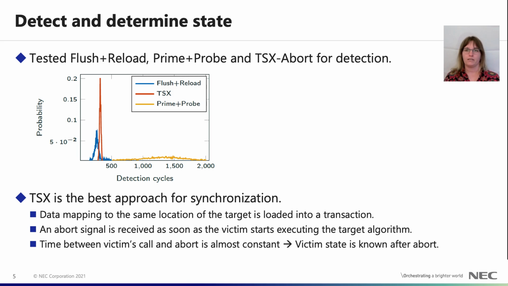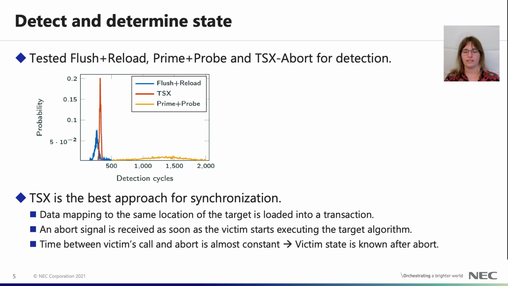To tackle the first two challenges, we tested a Flush and Reload, a Prime and Probe, and a TSX abort approach. TSX uses Intel transactional memory. As you can see from the graph, TSX works best for synchronization because it detects the victim's execution with high probability, and it makes a very narrow peak, meaning that the detection is always in nearly constant time.